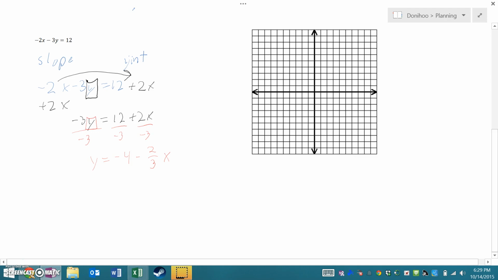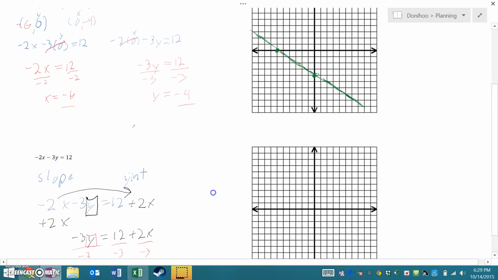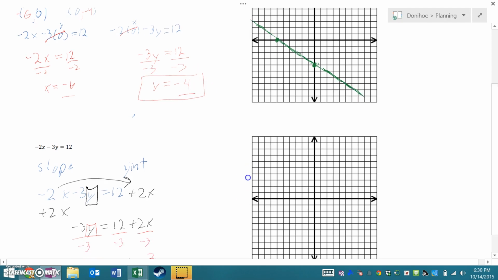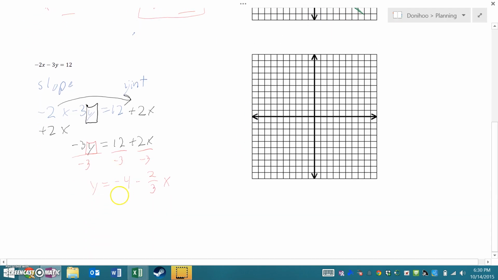Now what I do want to point out here is that, same as before, there's my y-intercept. That's the same number that I get in this equation when I solve for y. Because if I put a 0 in for x to get my y-intercept, that means this whole part would be gone.